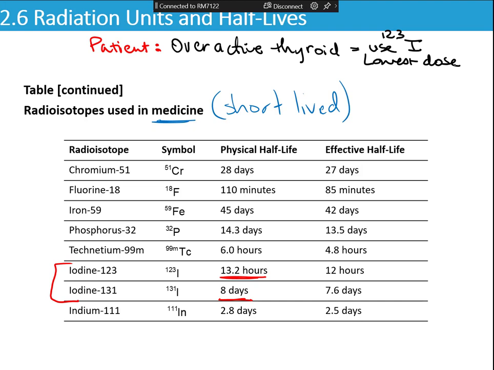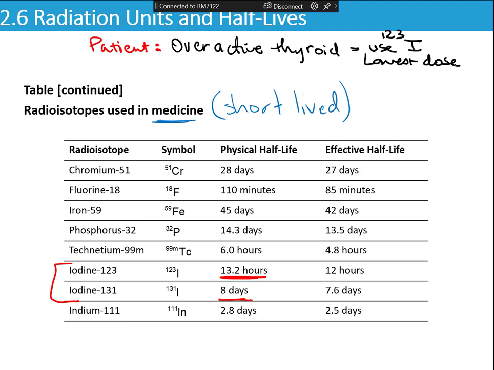Then they can monitor, because it's releasing energy, they can monitor where that energy is, and they can actually map the thyroid to see which side is more active, or is it uniform, because it'll literally show up as kind of like a glow on the sensor.